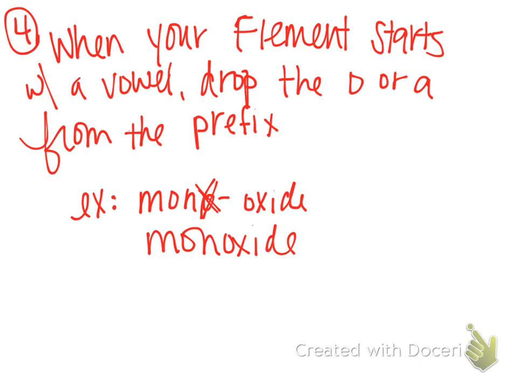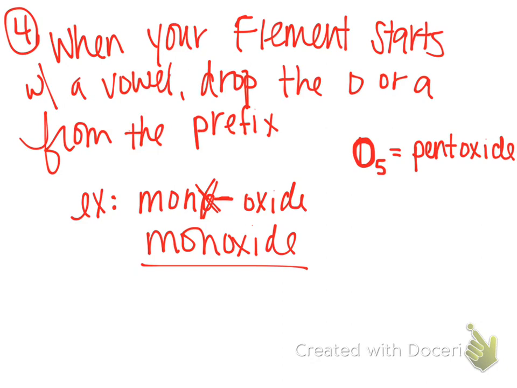Okay, so whenever I write these with prefix then hyphen word, that's not really how it's written. I'm showing you that to give you a clear picture about the prefix and the word, but we should have that written as one word all the time. Okay, so if I had O5, what would that be called? Oxide. Okay, but does my element start with a vowel? Yes, so I drop my A. So this would be pentoxide.